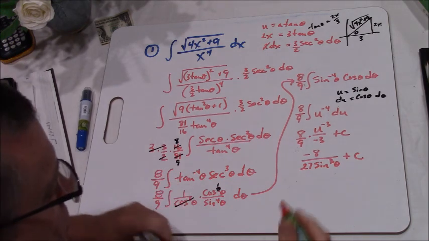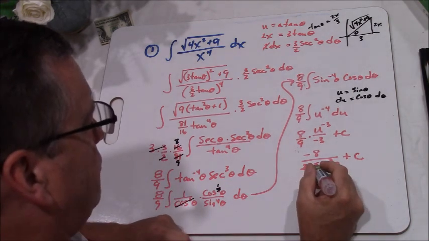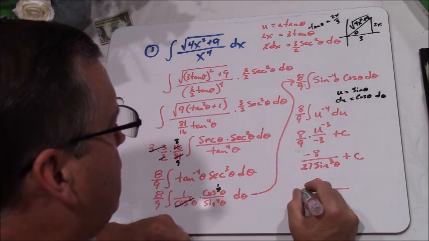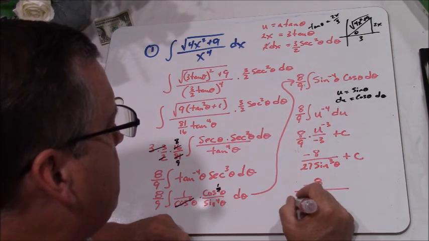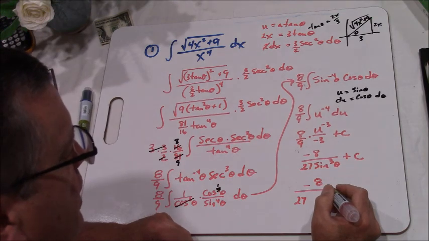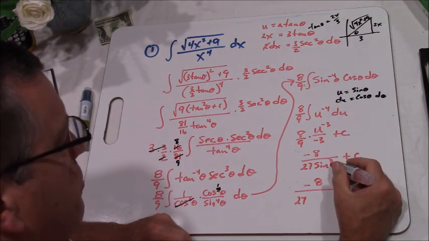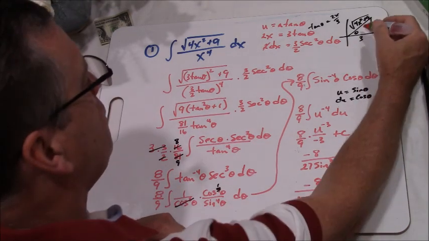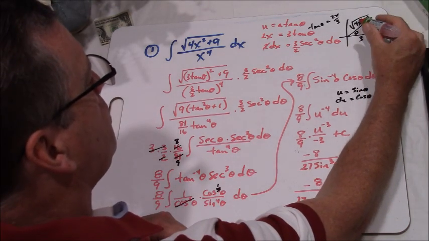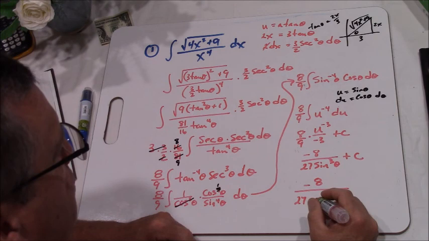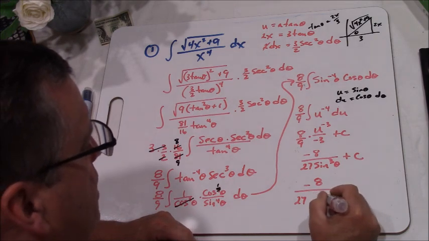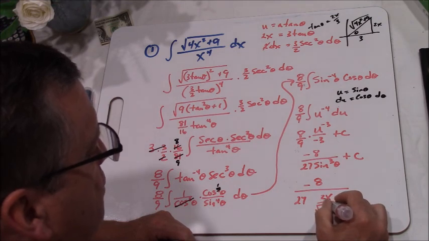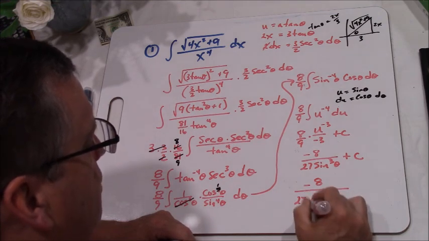And so what I want to do now is, I've got negative 8 over 27, and I need to take the sine of theta and raise that to the third power. So sine theta would be opposite over hypotenuse, so that would be 2x over the square root of 4x squared plus 9.